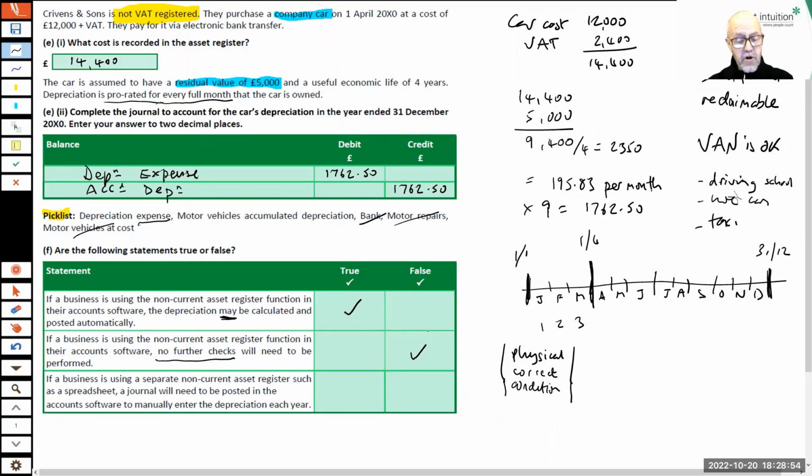Finally, if we're not using a function in our account software, instead we are using a separate register such as a spreadsheet, then a journal will need to be posted in the account software to manually enter the depreciation each year. To which I'd say, how else is it going to get there? So that's plainly true.